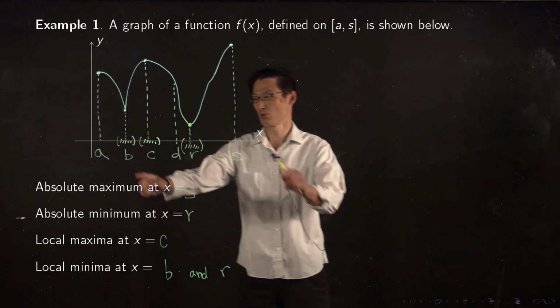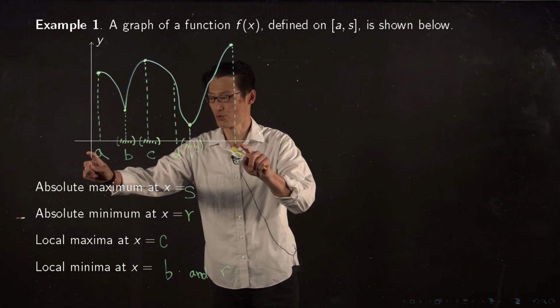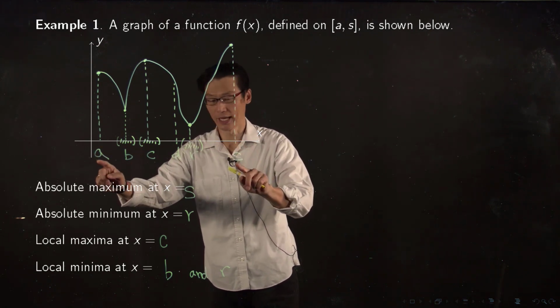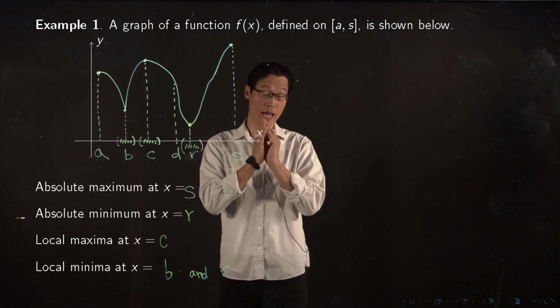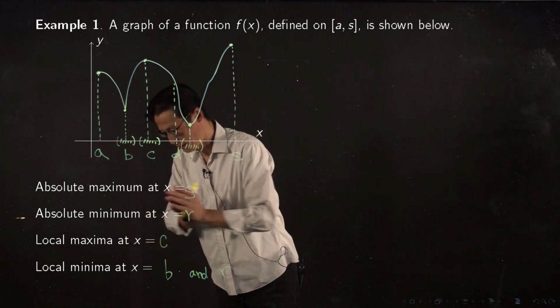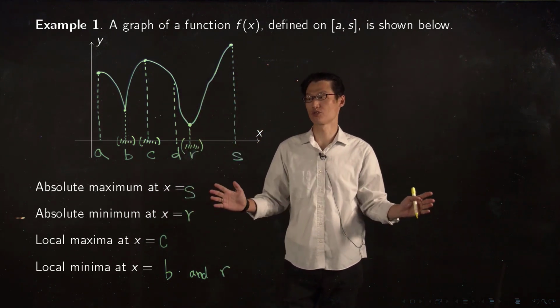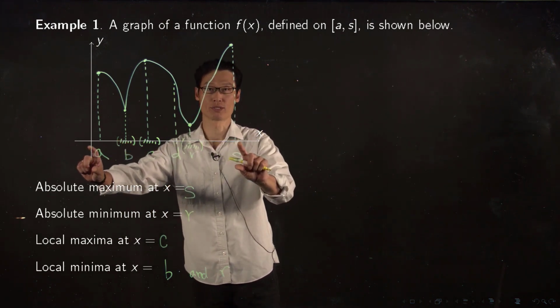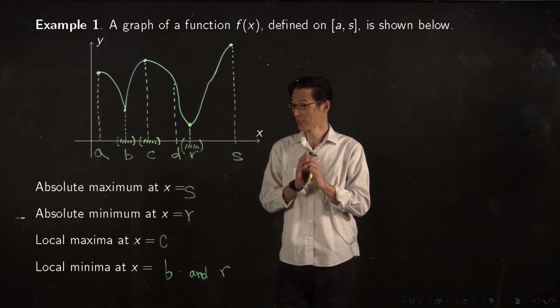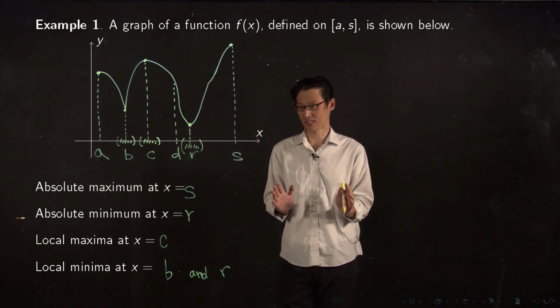Well, those two outer values, endpoints a and s, can give you absolute maximum or minimum, but when it comes to local minimum and maximum, we do not consider two endpoints. So those two endpoints cannot give you local maximum or minimum.